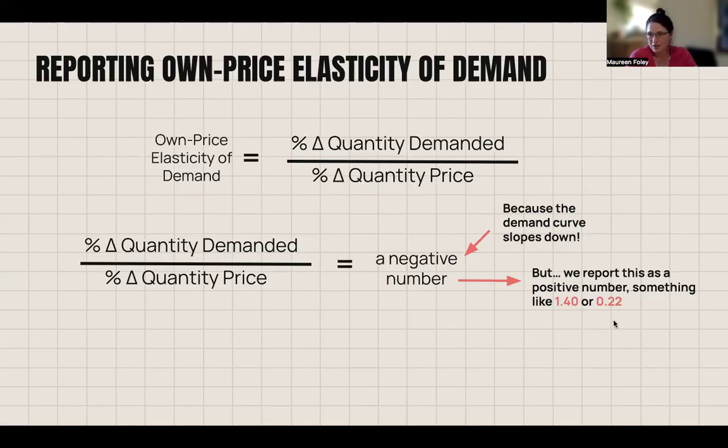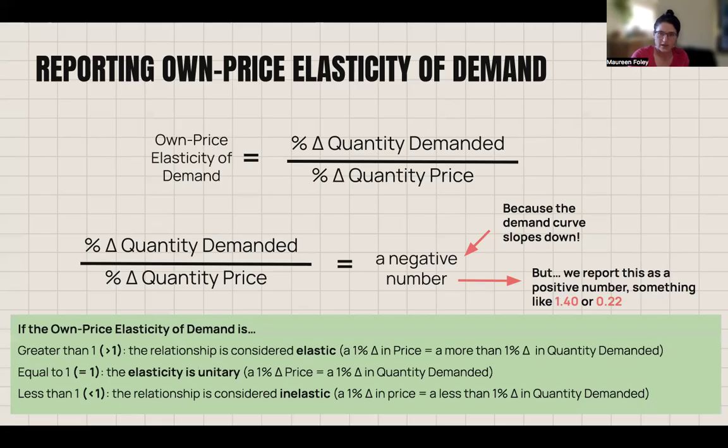For agricultural goods, oftentimes less than that. So a number like 1.4 or 0.22, this would be the number that gets reported as the own price elasticity of demand. So we could do this calculation for all different kinds of goods and end up with these numbers that we can compare to one another.